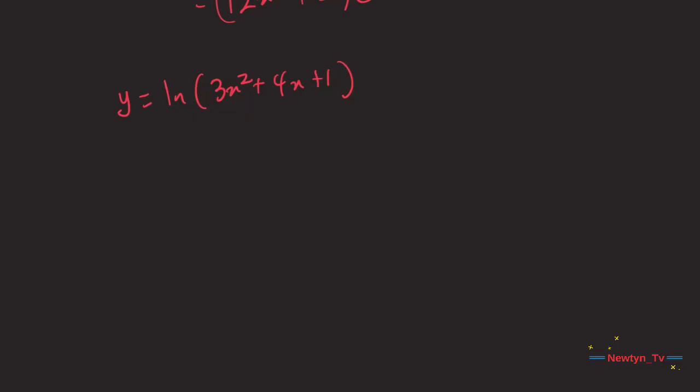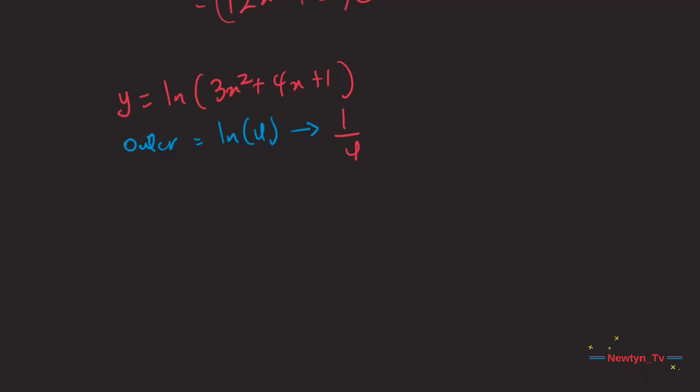So with this, our outer will be the natural log of u. And what is its derivative? You can pause the video, also try to find that. The derivative of the natural log of u is 1 on u. Now, what is our inner function?